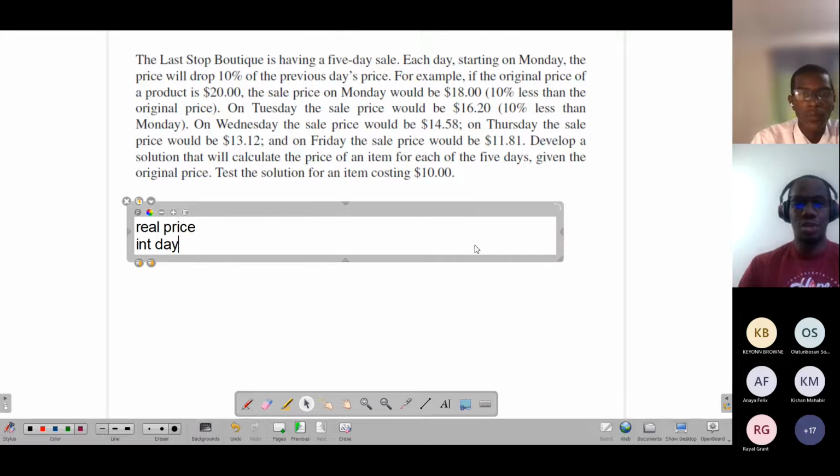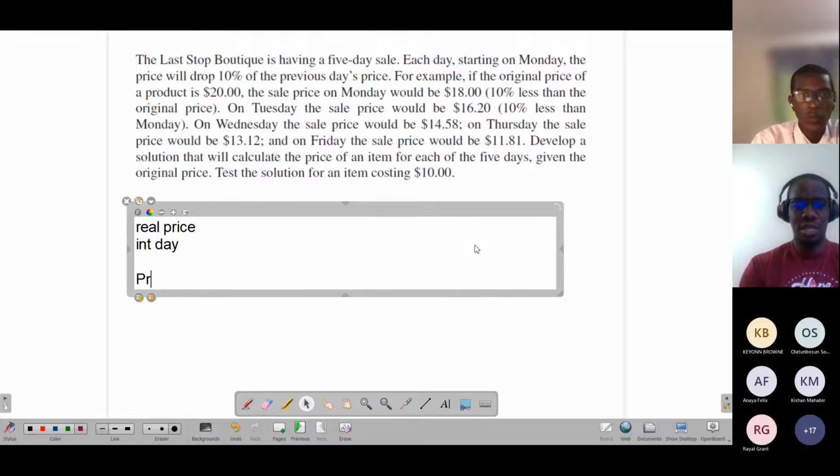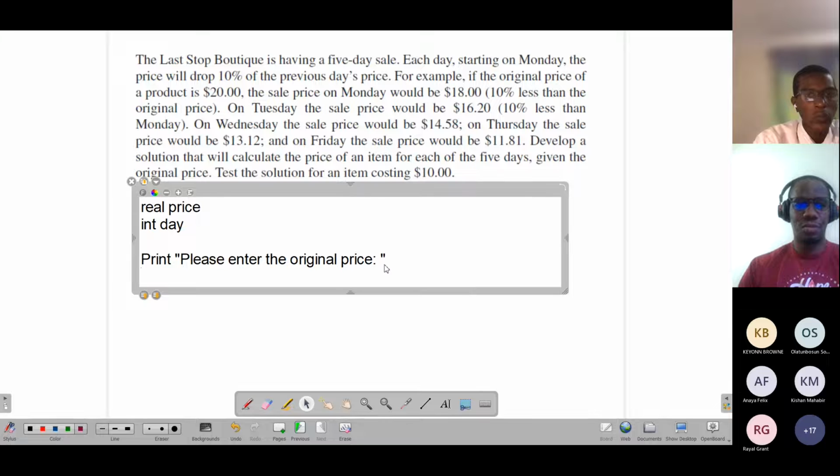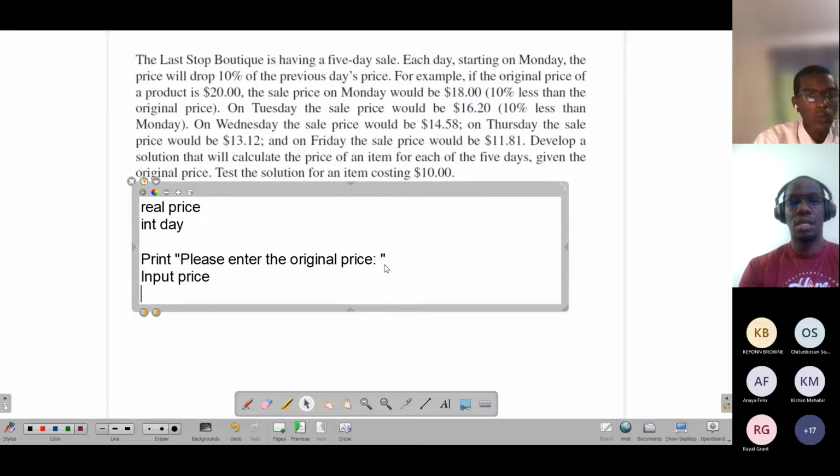And this is really all we need for this, because we could then tell the user to print, please enter the original price. And we'll enter the original price and say input price.